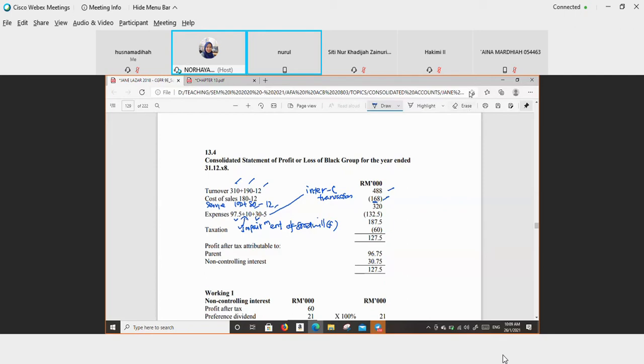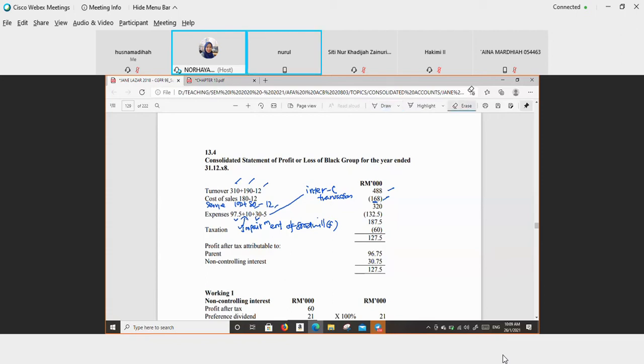Dia kalau ditunjuk kat sini, dia akan jadi kosong. Okay, kat service charge tu dia akan tolak. Okay, tolak ataupun you eliminate. Senang saya sebut eliminate. You eliminate the other income of 5 million. Okay, and then you take out the expenses of my 5 million. Are you following? Yes. Tu you kena careful tu.